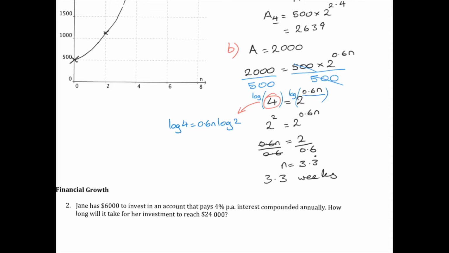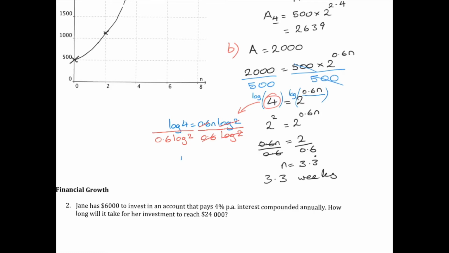Now I've chosen to use base 10, you could have chosen to use base e. Either one is fine. Remember I want n on its own, so I need to divide both sides by 0.6 and log 2 to cancel those out, and so I'm left with n by itself. What you do to one side, you have to do to the other.